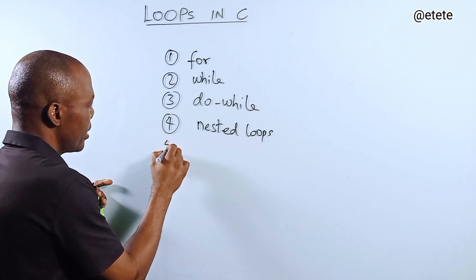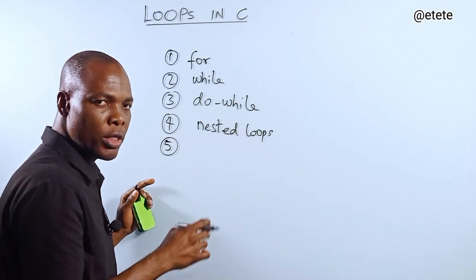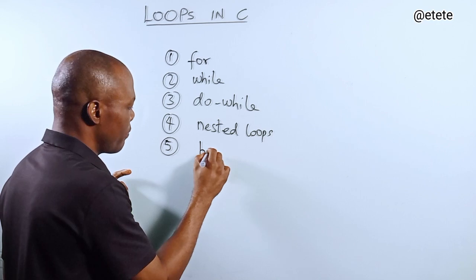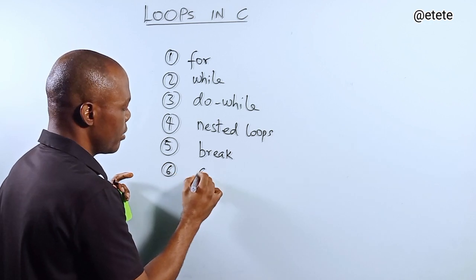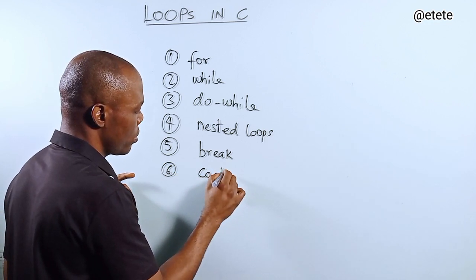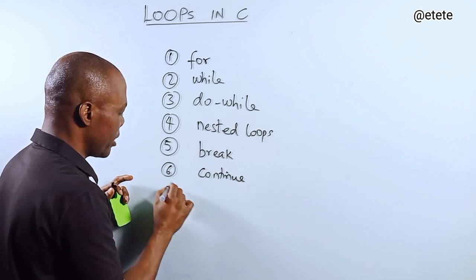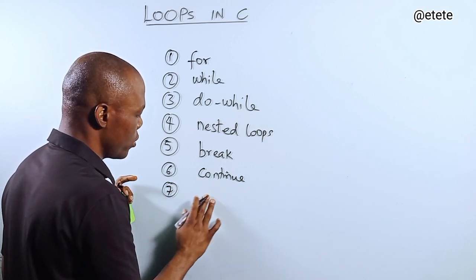Then we have other statements we can equally use in loops. Example of that is break. Then we have six, continue. Then we have seven, goto.